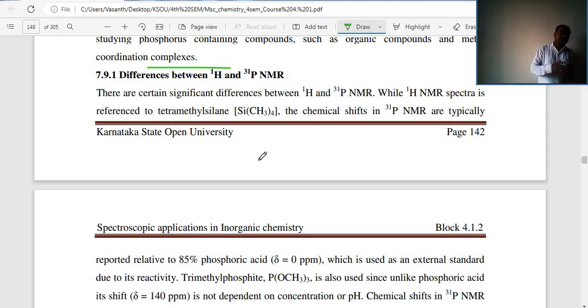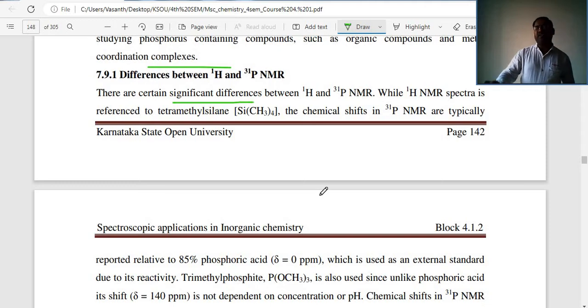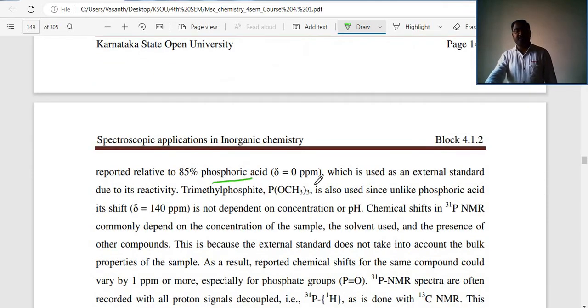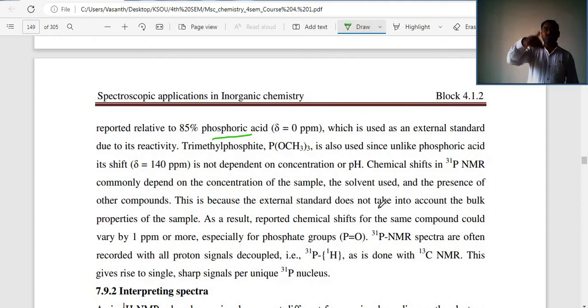Next, what is the difference between proton and phosphorus NMR spectroscopy? There are certain significant differences. Proton NMR spectra are referenced to tetramethylsilane. The chemical shift in phosphorus is reported relative to phosphoric acid, which is used as an external standard.